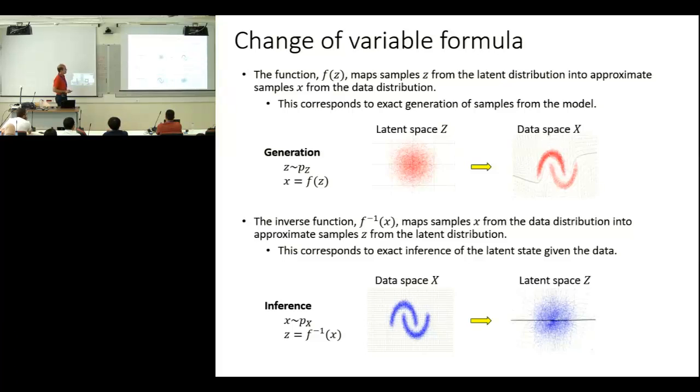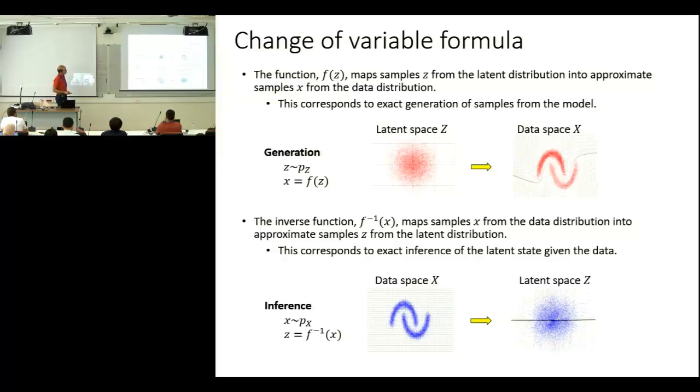Having the inverse function, suppose that we know the inverse function, we can map samples from the data distribution into approximate samples from the latent distribution. This corresponds to exact inference of the latent state given the data. For example, from the data space, we have some samples, we don't know their probability distribution.